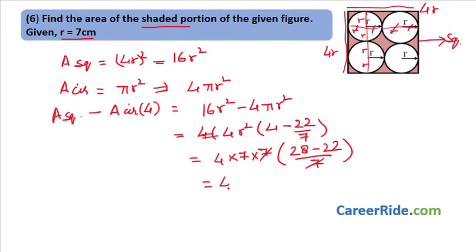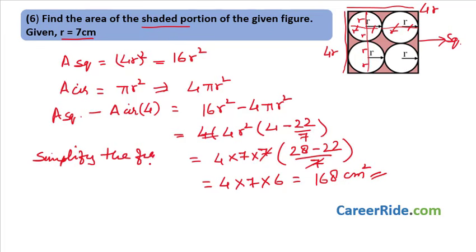So this gives me 4 into 7 into 6. 6 sevens are 42, and this is 168. 168 what? 168 centimeter square. This unit is very, very important here. So what is the biggest trick? The biggest trick here is to simplify the figure as much as you can. Simplify the figure is what you have to do.